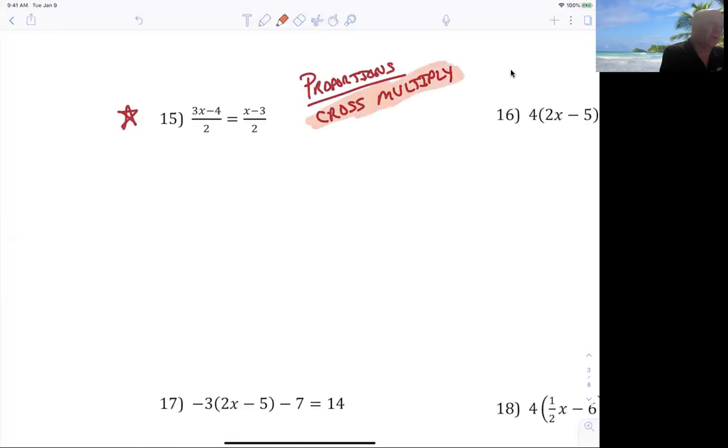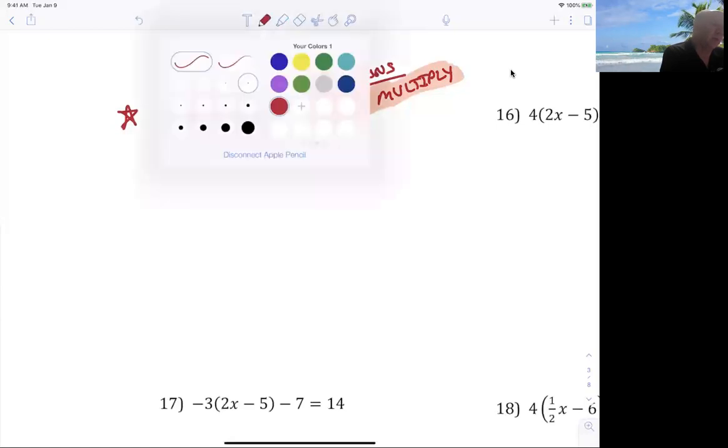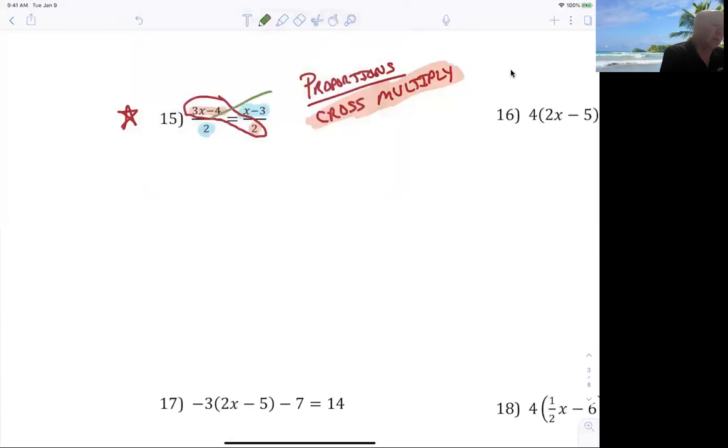What does cross multiply mean? It means you multiply the 3x minus 4 times the 2, and then you're going to multiply the 2 times the x minus 3. All right, that's what is meant by cross multiplying. All right, multiplying this way.